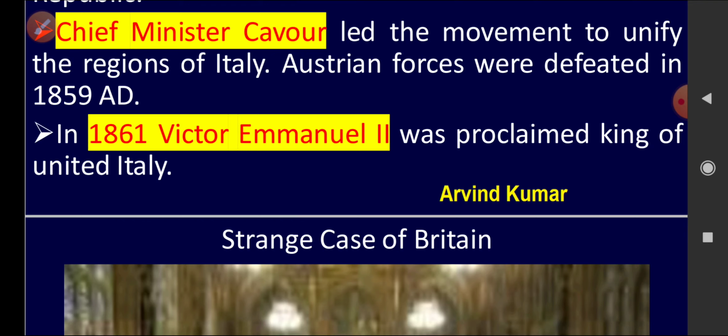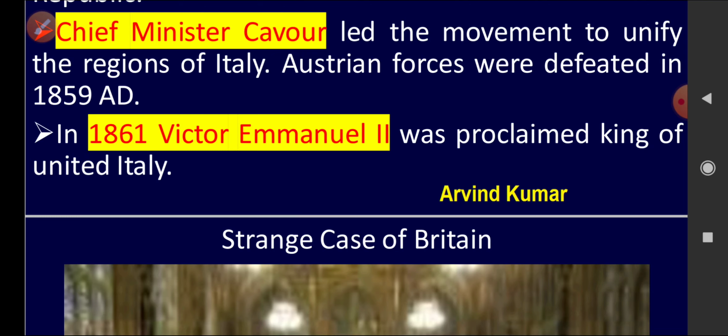Then Garibaldi, the third one. Giuseppe Garibaldi in 1860 marched to the southern part of Italy, and the two Sicilies and other areas were merged into Italian states.